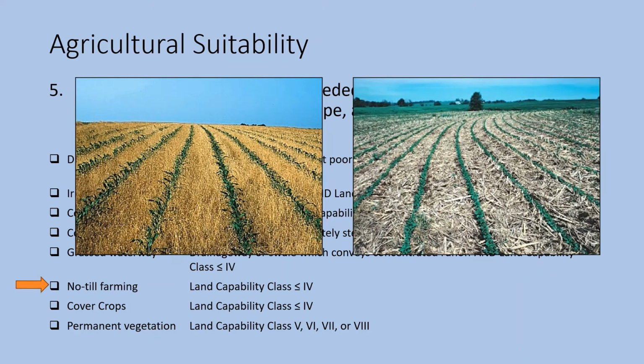No-till farming is recommended for all sites that have a land capability class of less than or equal to 4. When a farmer is practicing no-till, they actually don't use any tillage in their fields. When they plant their crops, they're planting directly into the residue from the previous year's crop. No-till helps improve soil health.